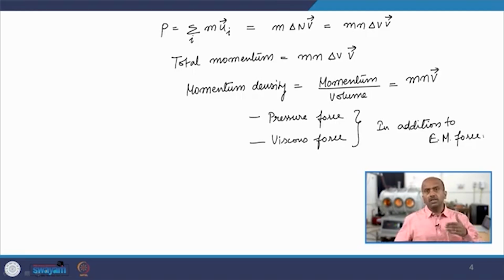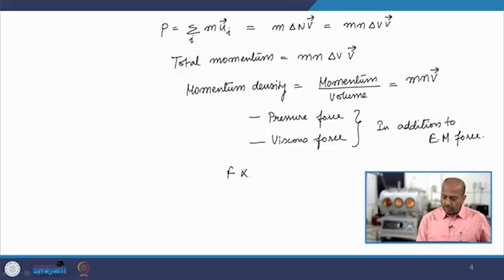Now, this momentum is what leads to the idea of pressure, or the rate of momentum transfer to the walls of the container builds up the pressure or the force that is experienced by unit surface area on the walls is the pressure, right. Now, the momentum that is lost when these particles collide with each other will be proportional to the relative velocity of the particles before the collision and after the collision.